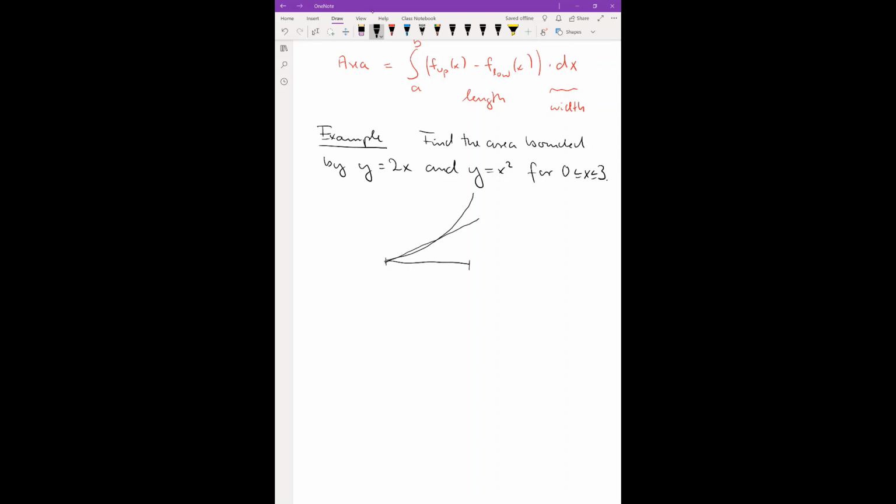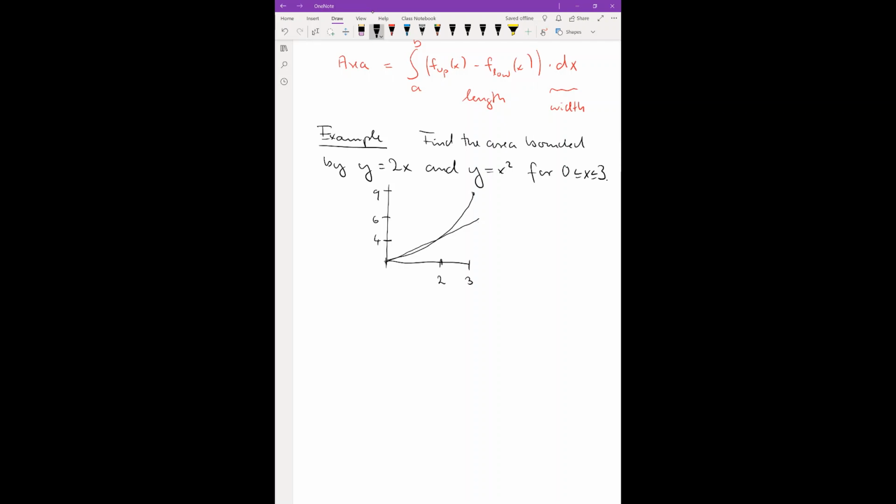Now 2x is equal to x squared when x is equal to 2. And if x is equal to 2, y is equal to 4. And at 3, here y is equal to 6. And here y is equal to 9.